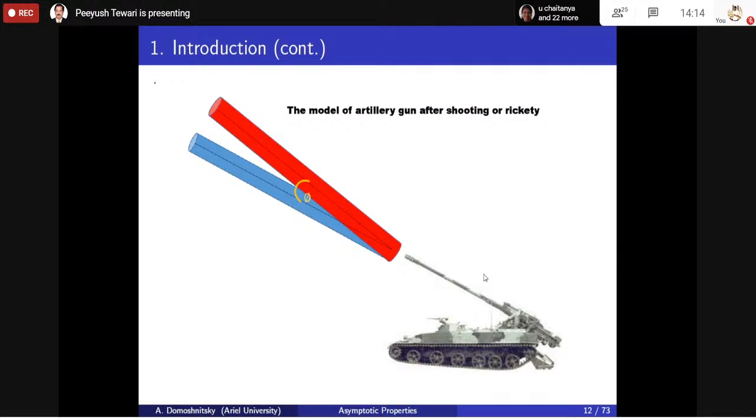And here is a model like in the rolling motion of the ship. Second order differential equation for the angle. Next, please.